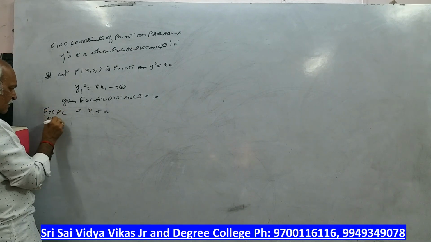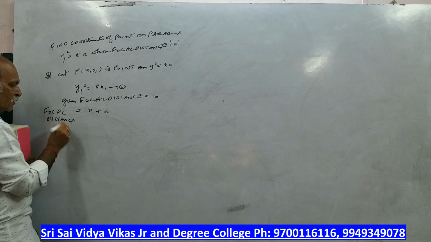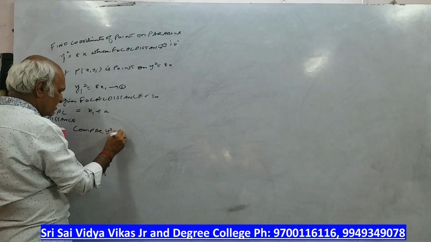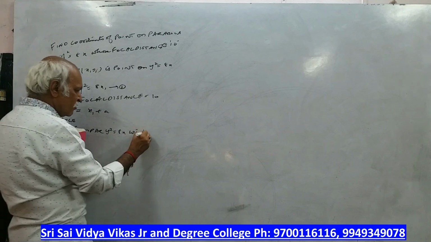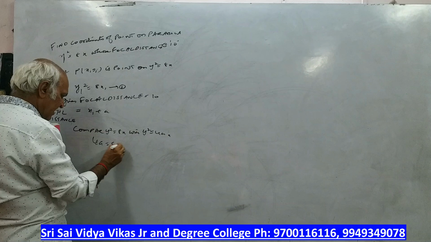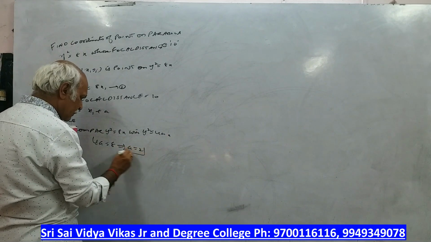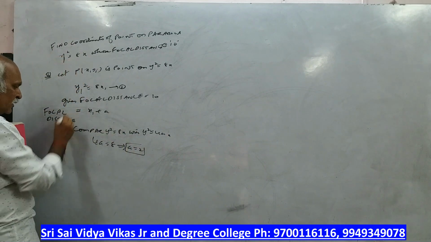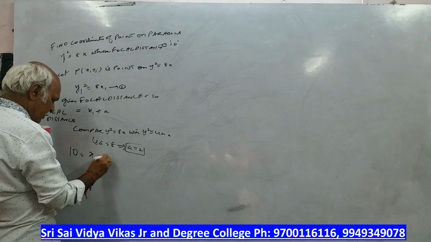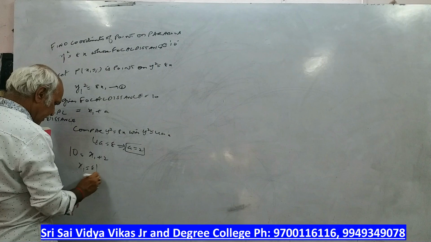Focal distance. Okay, compare y square is equal to 8x with y square is equal to 4ax. Therefore, 4a is equal to 8, a is equal to 2. And we know the focal distance, how much has a given? 10 is equal to x1 plus 2. So x1 is equal to 8.